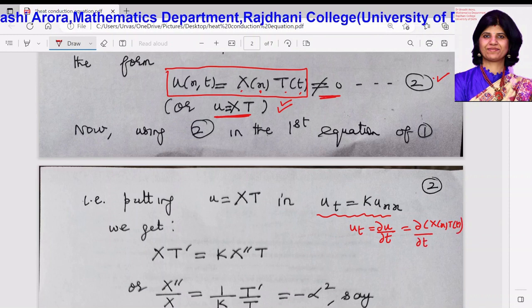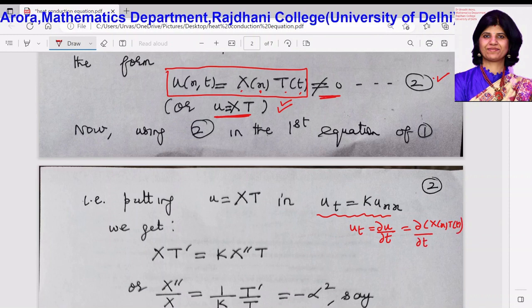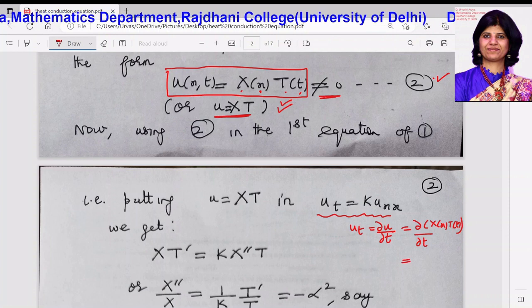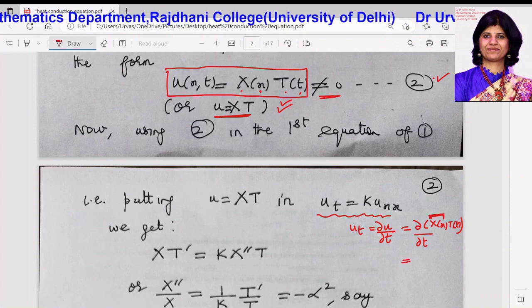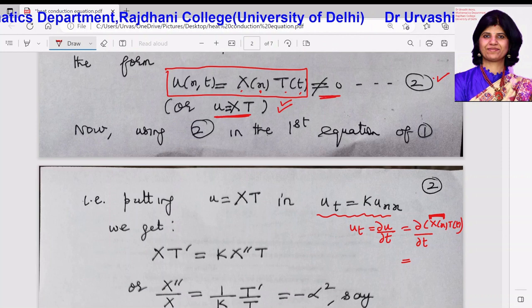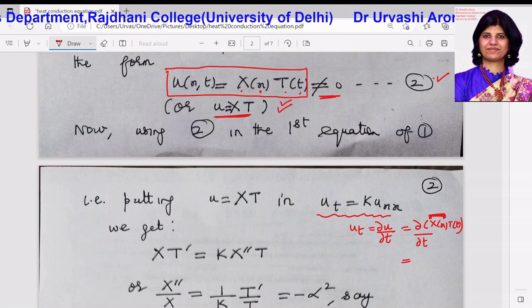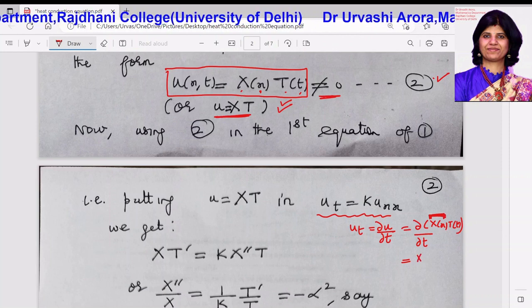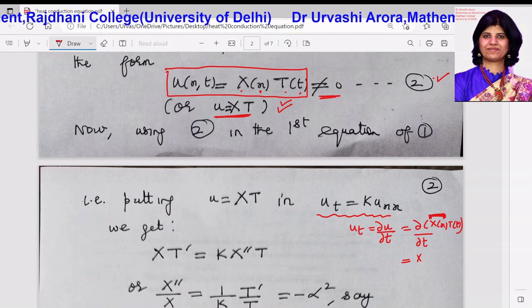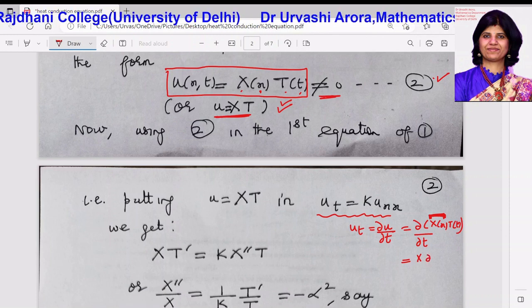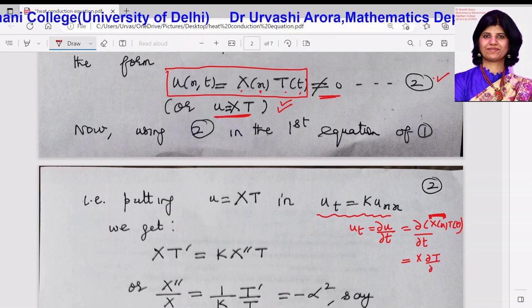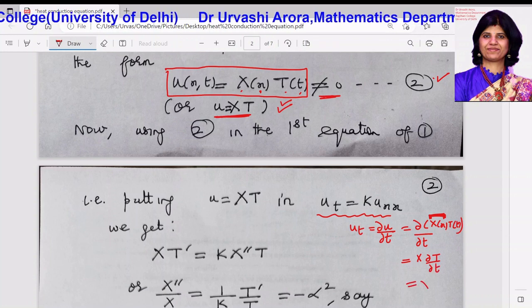So, this is del by del t of X(x) into T(t), and now because this particular portion does not contain the variable t, this will be treated like a constant. So, X(x), or capital X, just comes outside, and inside you are left with del T by del t. So, this is what you have.